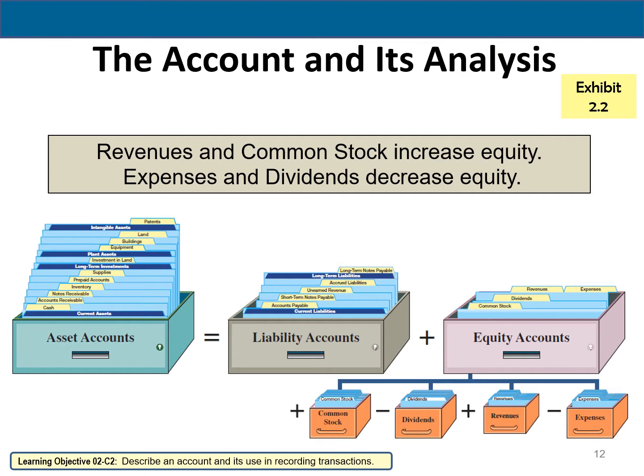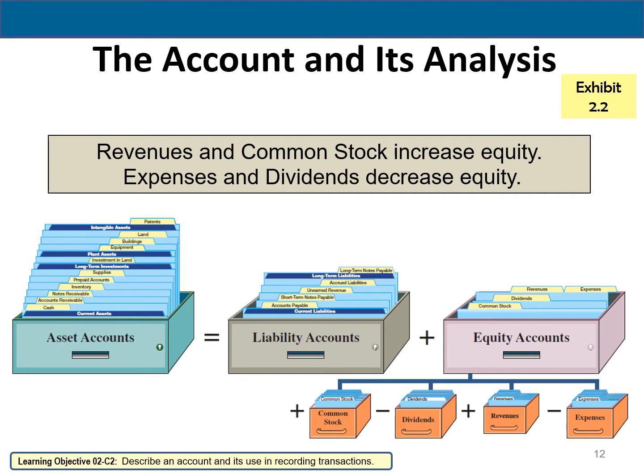With common stock, you can only have a couple of folders within that file drawer. You'll usually have common stock, preferred stock, and maybe treasury stock, but there aren't as many types of common stock accounts. And then your dividend file drawer, really, dividends is just dividends. You don't tend to have multiple types of folders within your dividend account category. Dividends just are what they are.